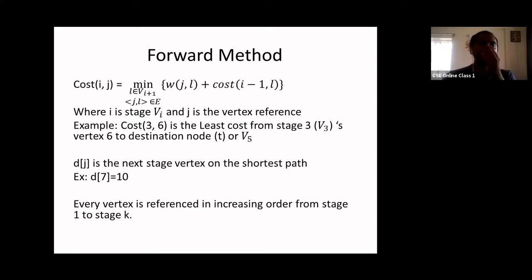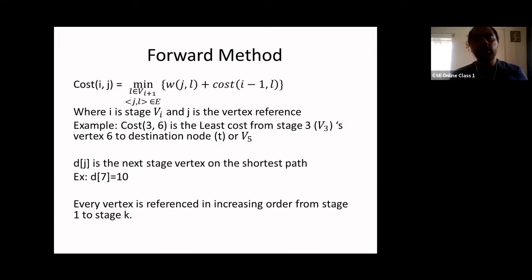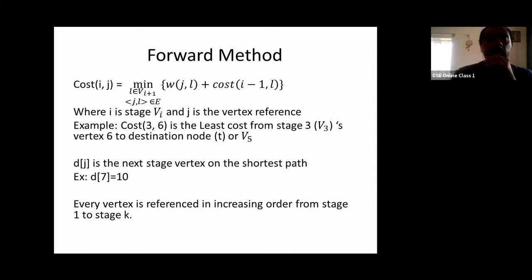So the forward method says, whenever we are finding out the shortest path, we generally call it cost of i, j, where i indicates the stage and j indicates the vertex of that particular stage. So for example, cost of 3, 6 means it is the third stage vertex 6. Am I right?